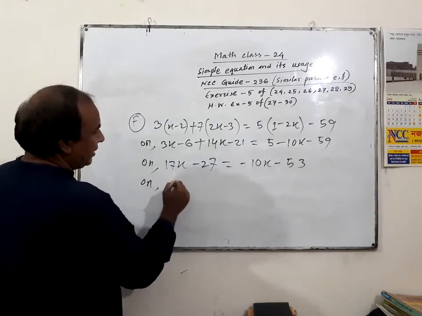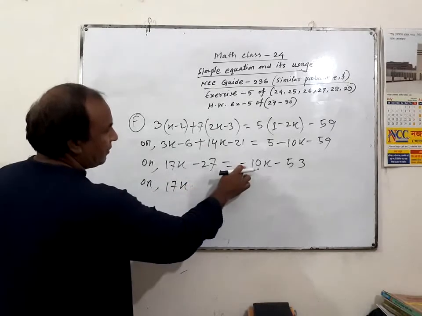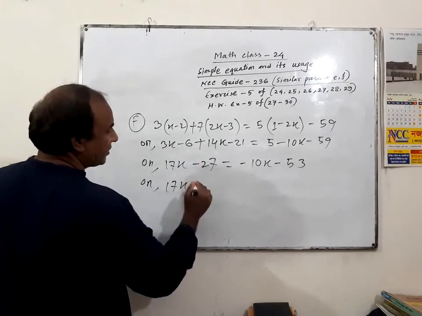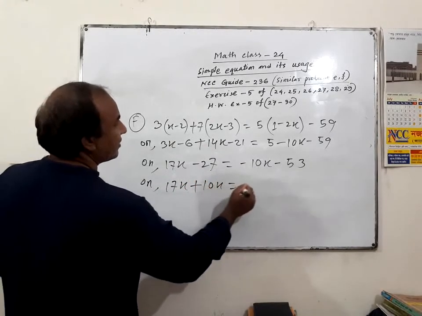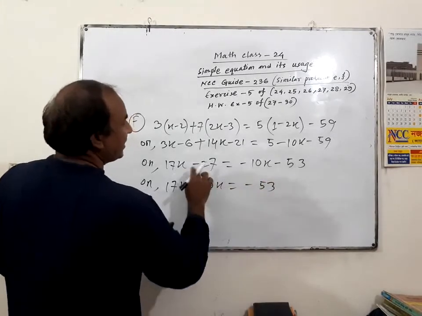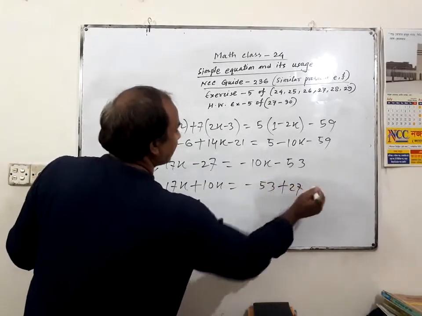So 17x minus 10x: we have to exchange, it is plus 10x, minus 53 plus 27.